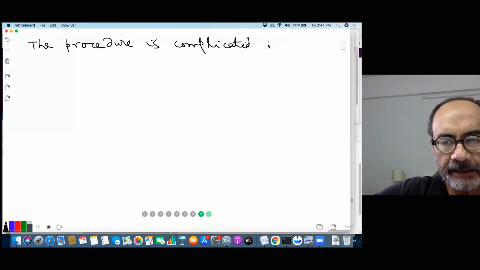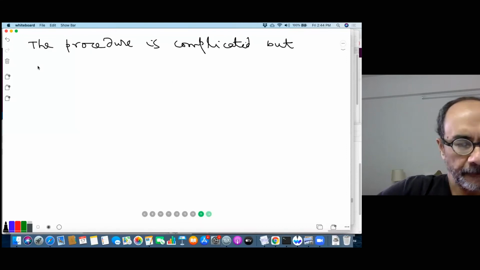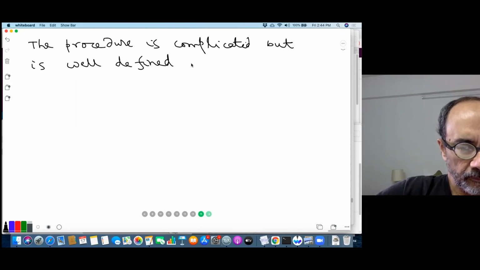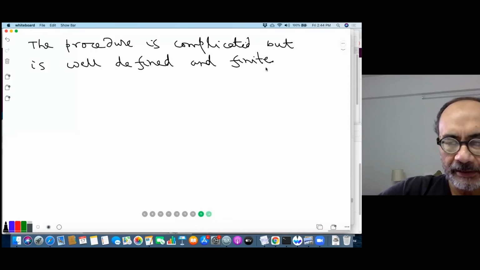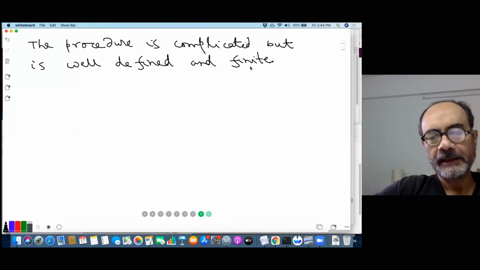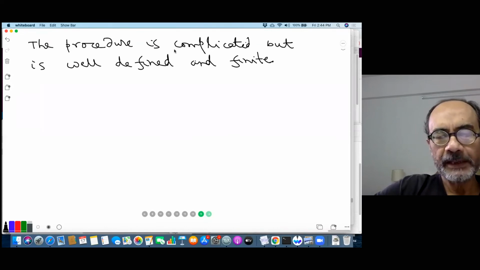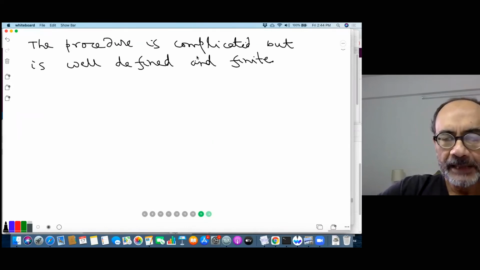But it is well defined and finite. While for practical computation we can try to look for simpler approaches, this makes it clear that the superstring perturbation theory is in principle finite and it exists to all orders in perturbation theory.